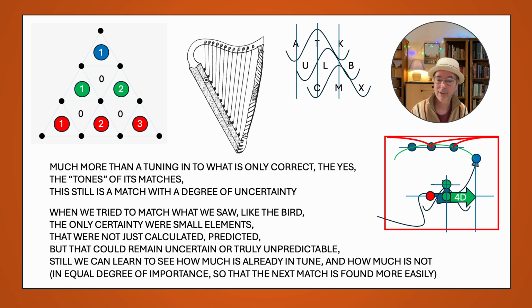Still, we can learn to see how much it is already in tune and how much it is not. So by narrowing down the tuning ins with the letters, we can follow the purpose of what the word is describing much more easily. We're not distracted, even though there are a lot of possibilities that can be still within that range.